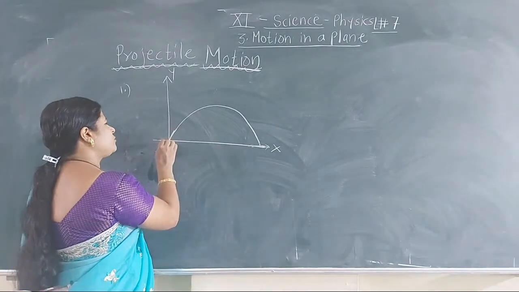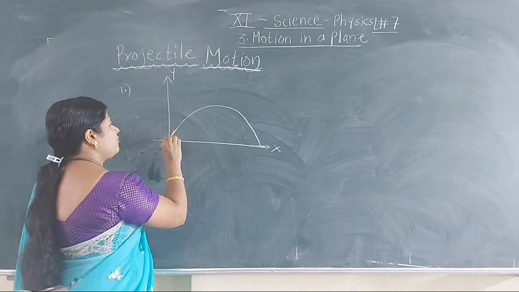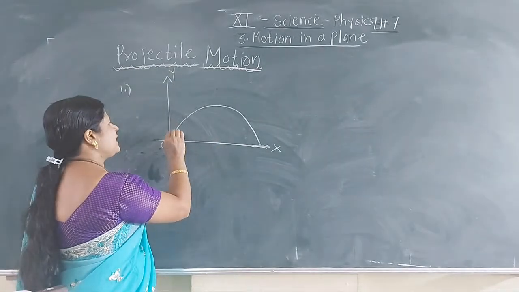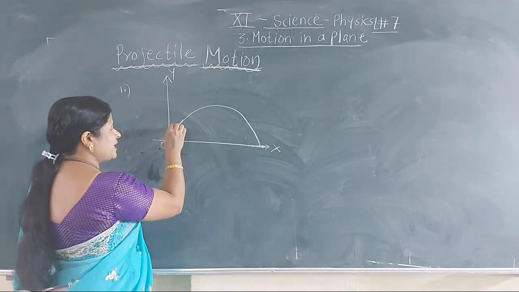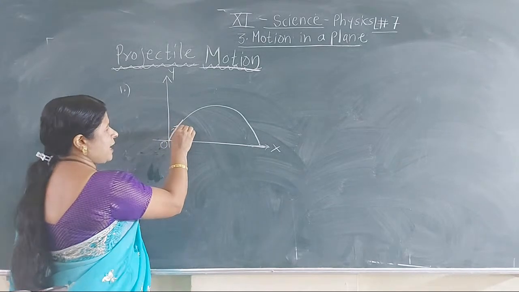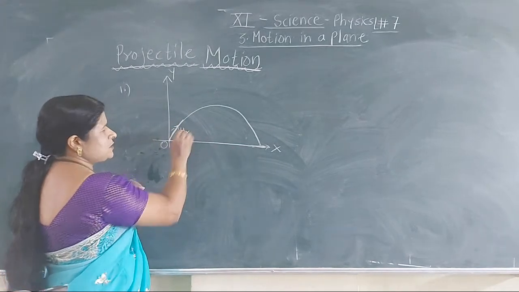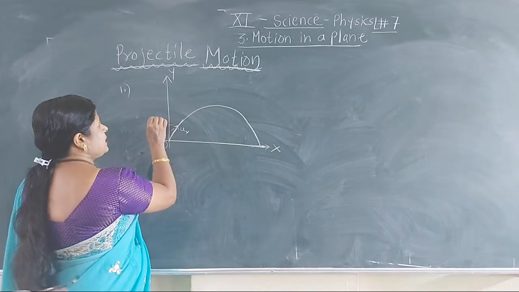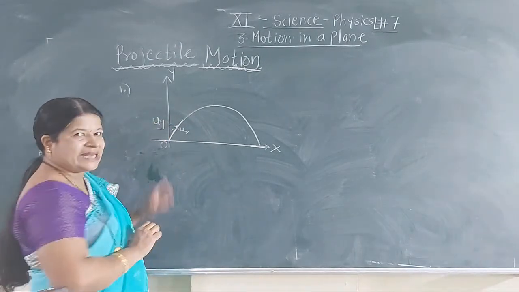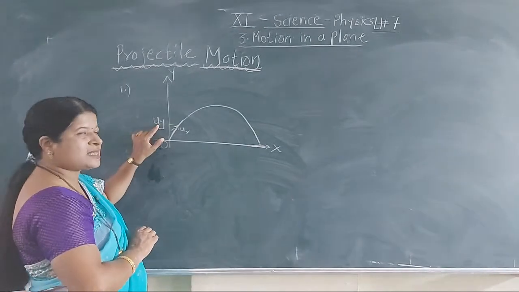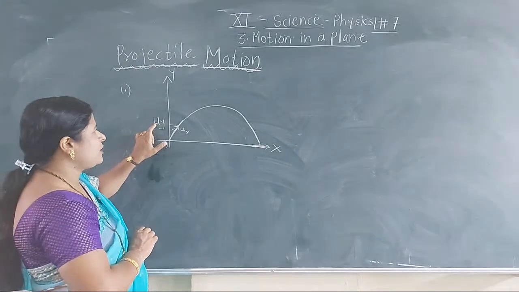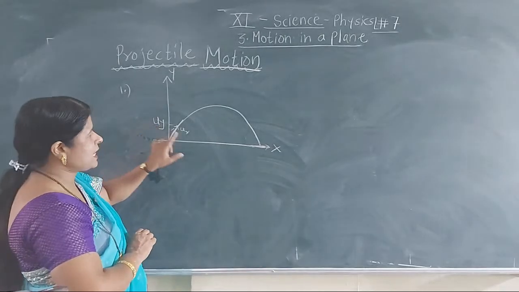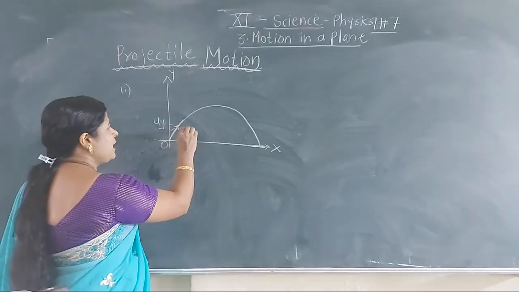When an object is thrown from point O with respect to the x-axis, the initial velocity of that object is u, and along the x-axis it is ux, and along the y-axis it is uy. Therefore, we use the letter u for initial velocity along the y-axis and initial velocity along the x-axis.